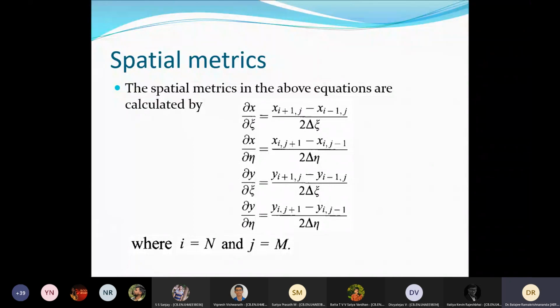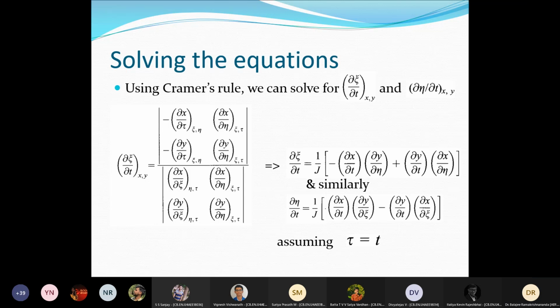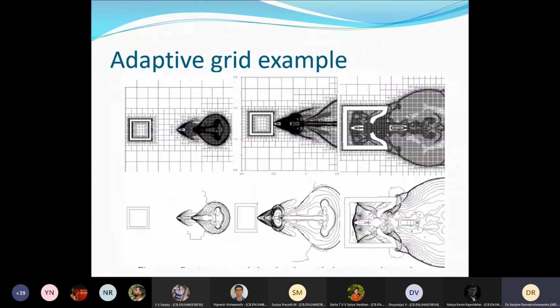I, j you can put as n, m in general at any particular point. So we solve these equations and get these as before: ∂ζ/∂t and ∂η/∂t.